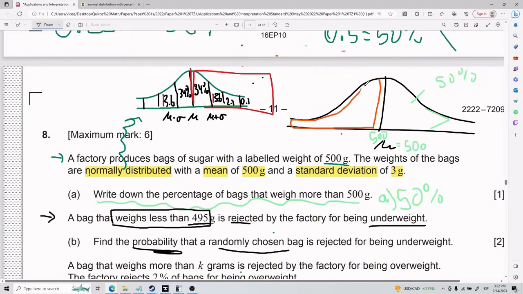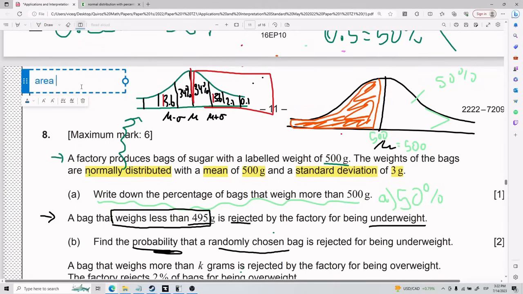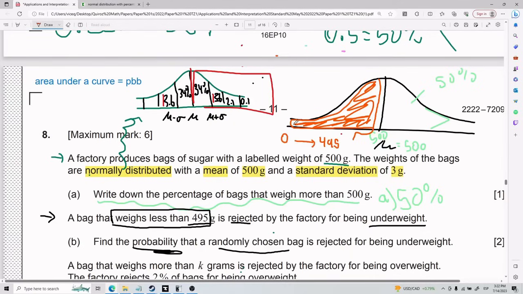That is the area that I'm trying to find, or the probability. Big hint: area under a curve equals probability in this case. So we're trying to find the stuff in orange, with this little bit here being 495. So basically from 0 to 495, I'm going to be highlighting this whole thing in orange. That is the area that we're trying to find.